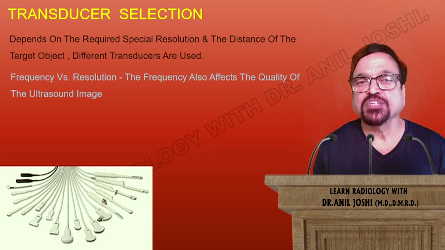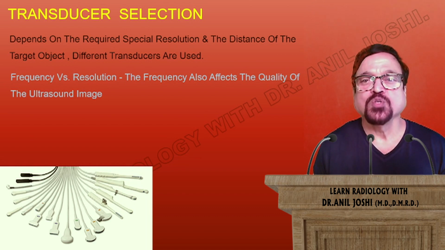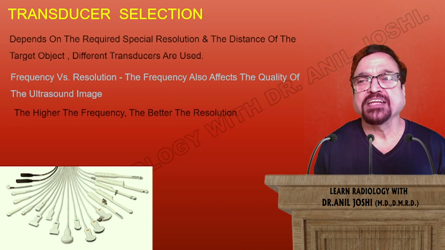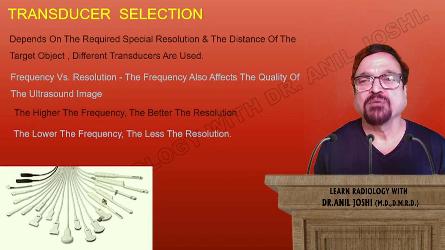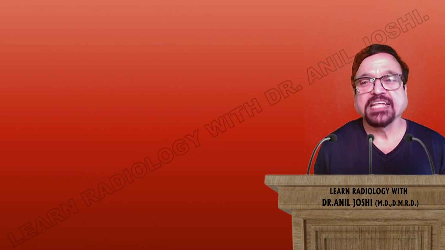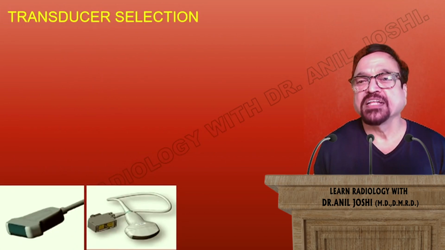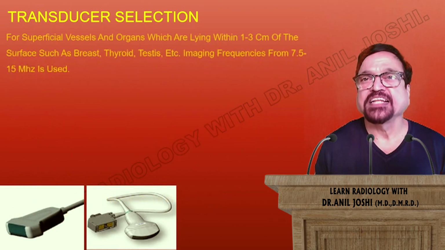There are transducers with a small footprint, and small-sized ones which can be used for intracavitary purposes. So there are different transducers, different wavelengths, different types of resolutions, and different types of fan beams. As per the application, they are changed and used. On that basis, we select the transducer.